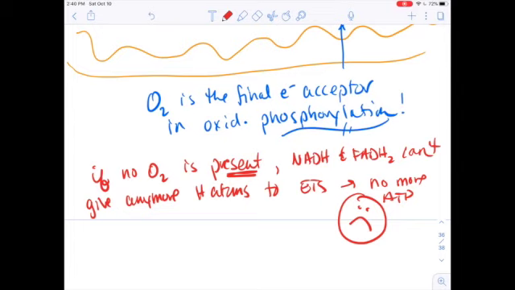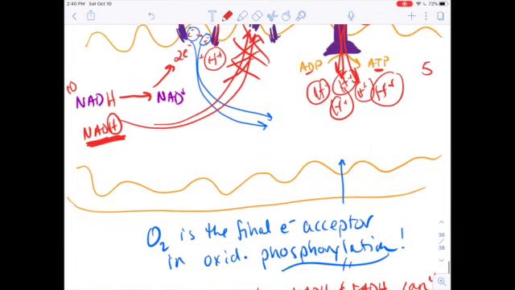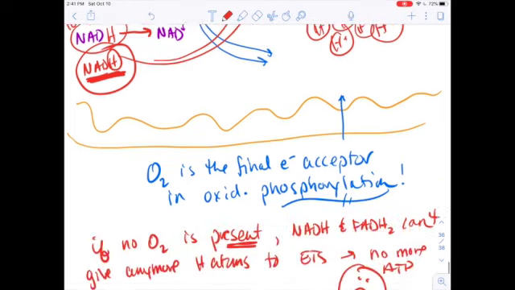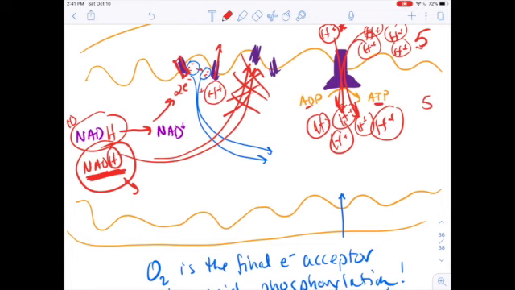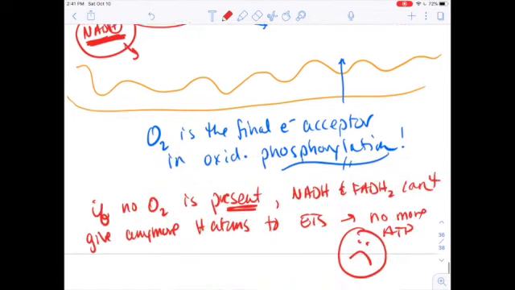Meanwhile, the cell's going, well, crap, we need more ATP. Isn't there something we can do, NADH? They will do something else instead. This is like a last-ditch effort for your cells and for obligate aerobe cells. Instead, NADH will donate its hydrogen atom to a different molecule. It can't give it to the ETS anymore, but it will donate its hydrogen atom to an organic molecule.